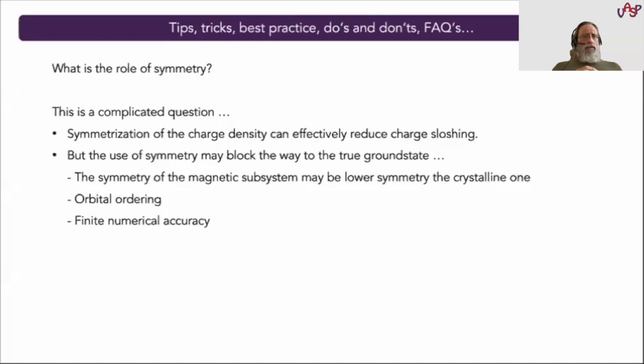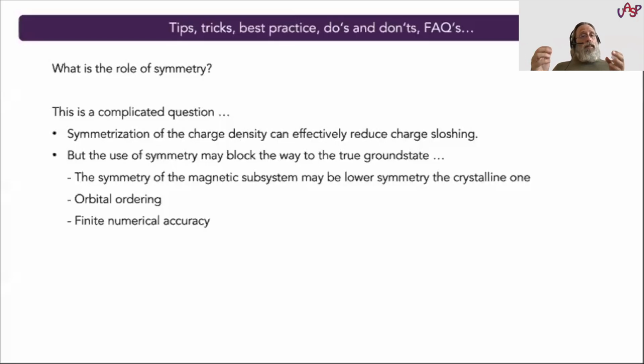The symmetry of, for instance, a magnetic subsystem may be lower than the crystalline one, right? So symmetry routines look at what you specify for MAGMOM, the initial magnetic moments, to check whether a certain symmetry operation is allowed. But what you will find in the end is somehow determined by the symmetry of your initial moments, and that might not be the ground state.